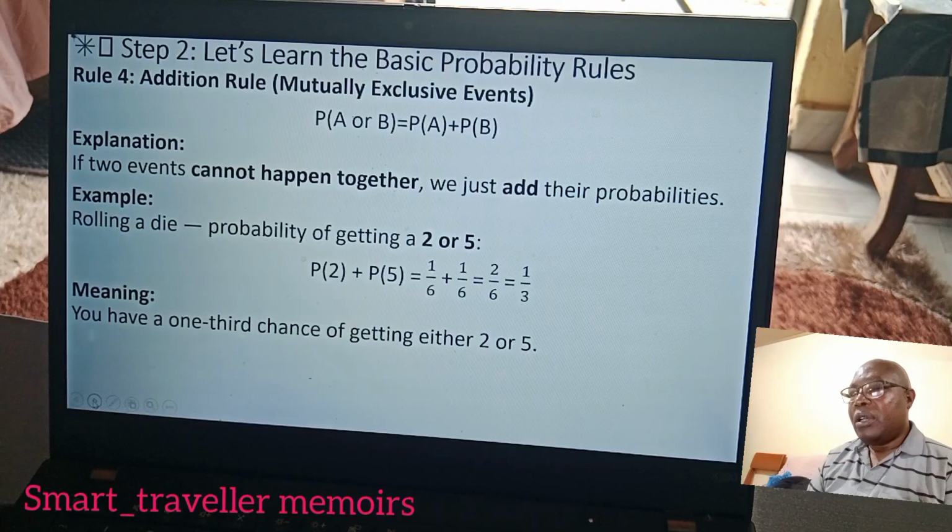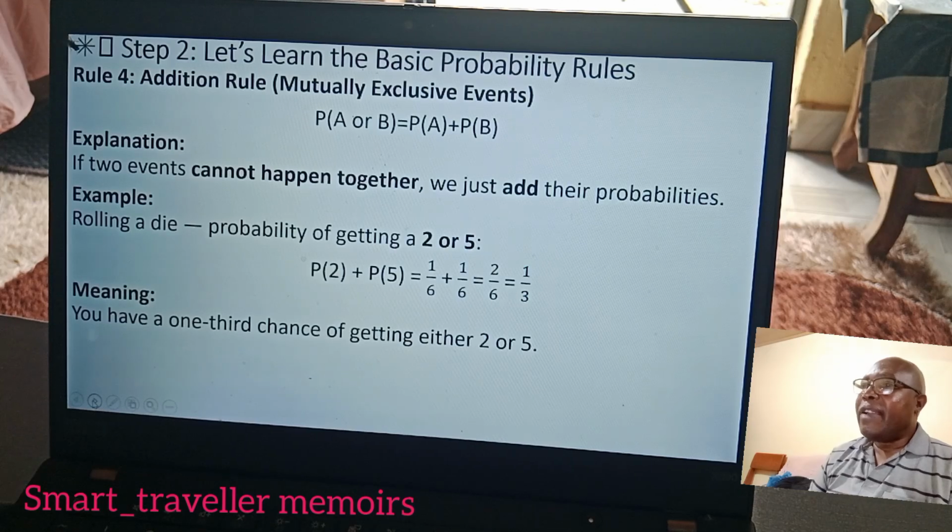Example, rolling a die. Probability of getting a 2 or a 5. Remember, the sample space of the die is 1, 2, 3, 4, 5, 6.